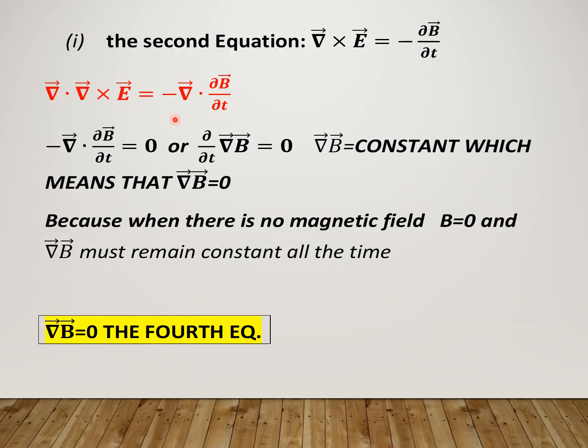Therefore, del dot B is constant, which means that this constant must be 0, because when there is no magnetic field, that means B is equal to 0, then it must remain constant for all times. Therefore, we have the fourth equation, which is this one.